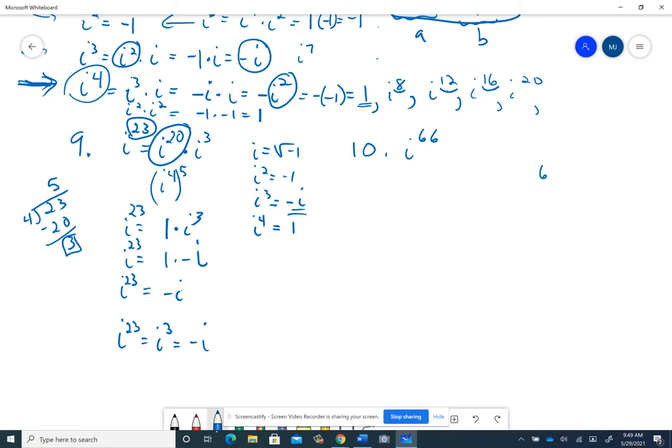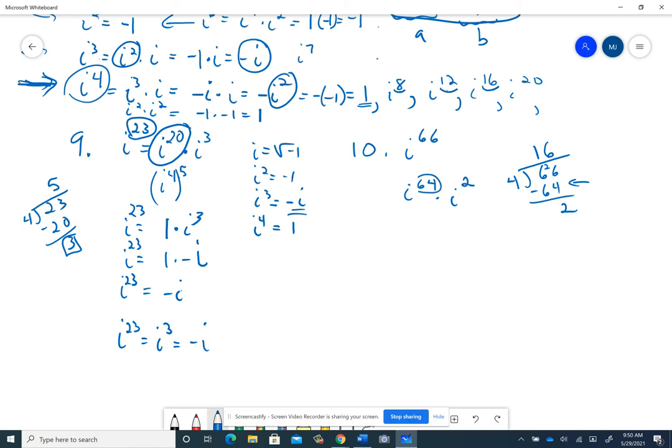So if you took the 66, divided it by 4, it would go in there 16 times with a remainder of 2. You see that? Basically, what that's telling us is that, see that 64 right there? We can see that could be i to the 64 with 2 more i's, and that would have gotten me to the 66.